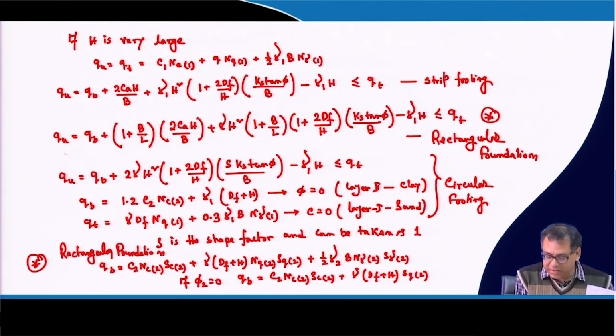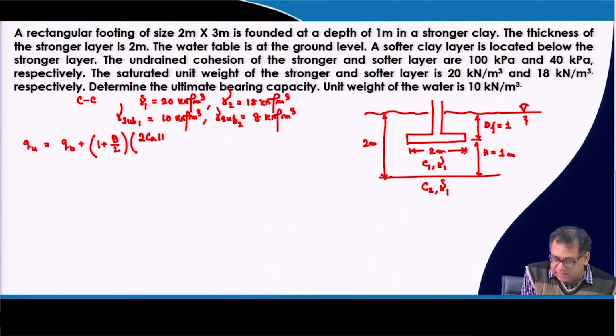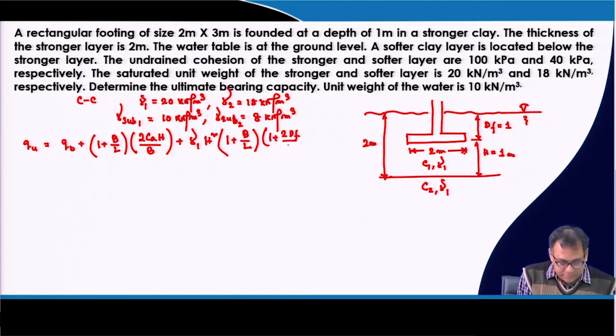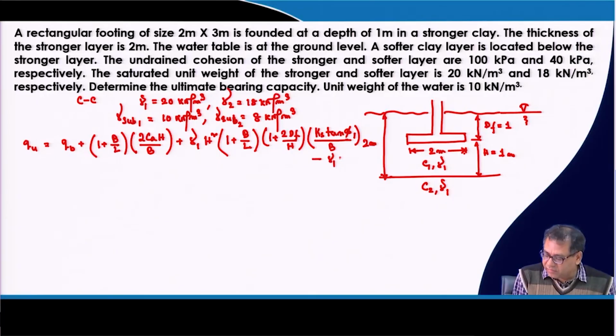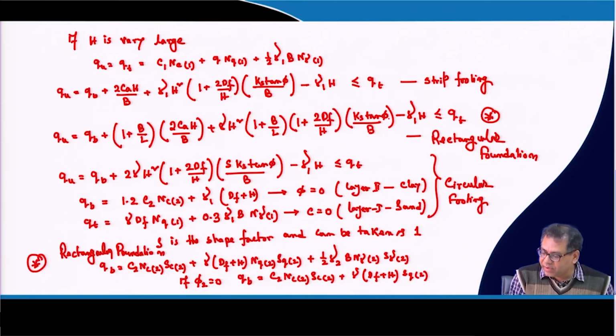So Qu will be Qb plus (1 plus B by L) times 2 Ca H divided by B, plus gamma 1 H squared (1 plus B by L) times (1 plus 2 Df by H) times Ks tan phi 1 divided by B, minus gamma 1 H. Remember that this is tan phi 1, because it is in the first layer.